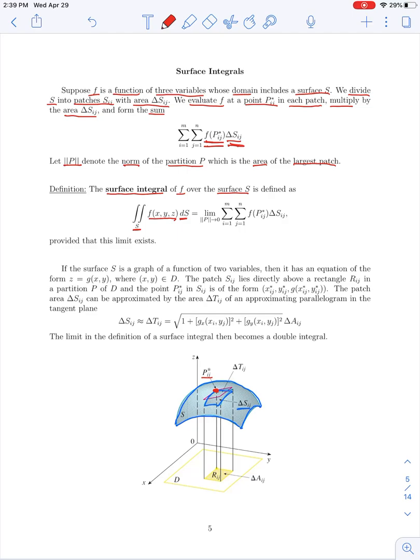The surface integral will be defined as the limiting value of that double Riemann sum as the norm of our partition approaches zero. That is, as we shrink the area of these sub-patches down to zero, and divide up our surface into smaller and smaller sub-patches.